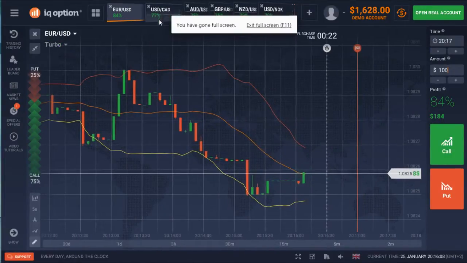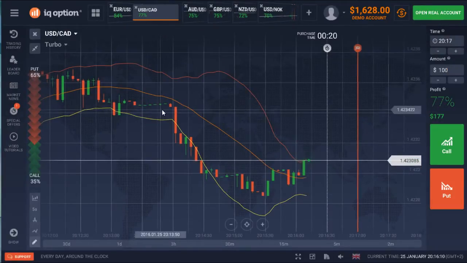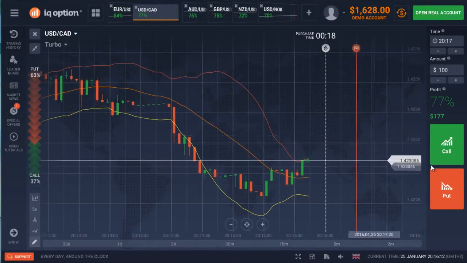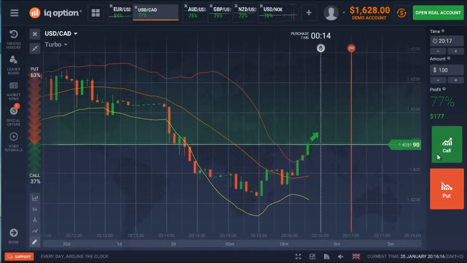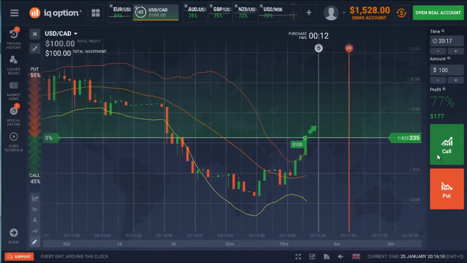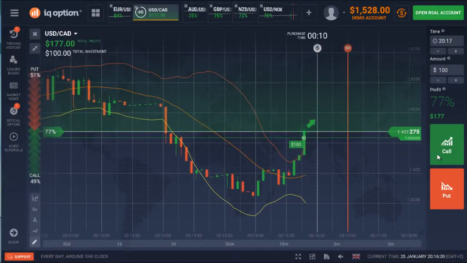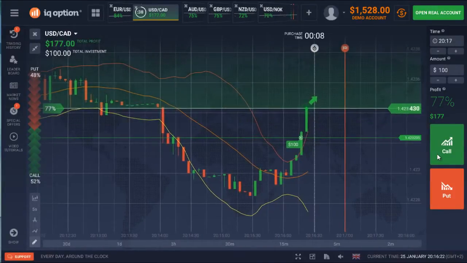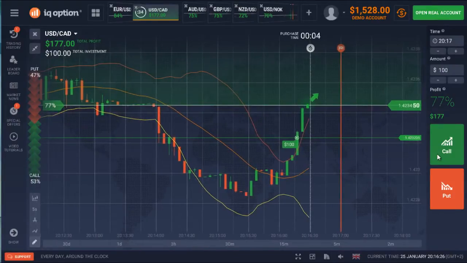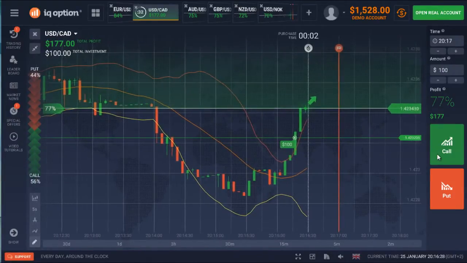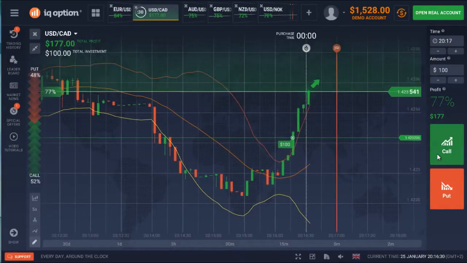Okay, this one, the Bollinger Bands are getting too narrow. Now it's growing up, so it's good. It was getting narrow, but now it's going to widen. See, now it's penetrated the Bollinger Band, and this one keeps growing up.